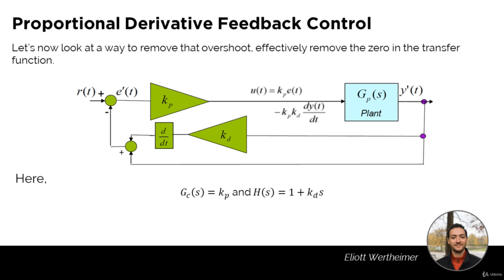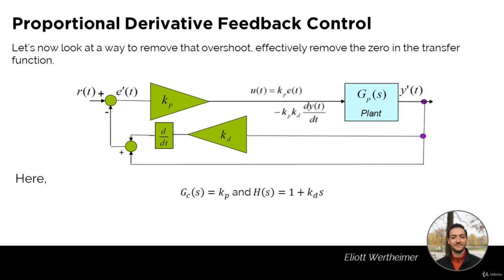Okay, so Kp Kd dy/dt actually comes from the feedback of our system, and that is why the derivative gain Kd is actually multiplied by the proportional gain Kp. So we feed this control signal back into our plant and we eventually get our output signal y(t), which is then again fed back into the error signal, and so on and so on.